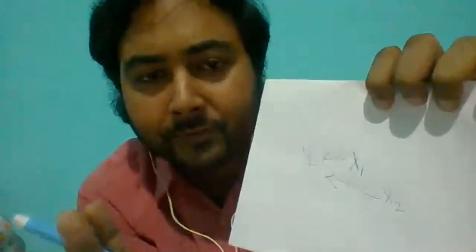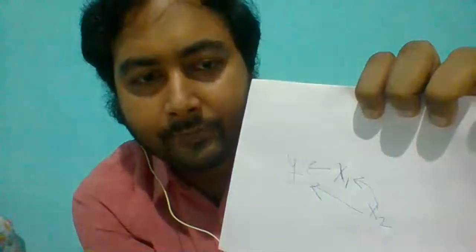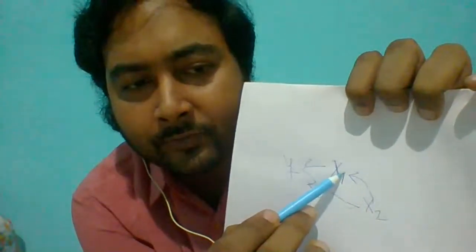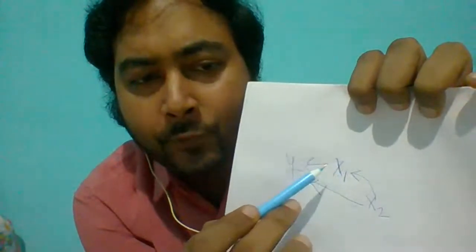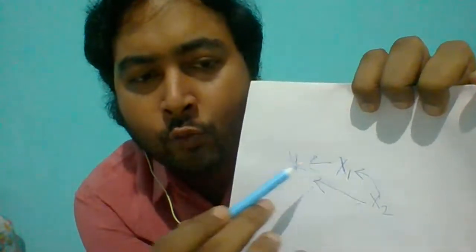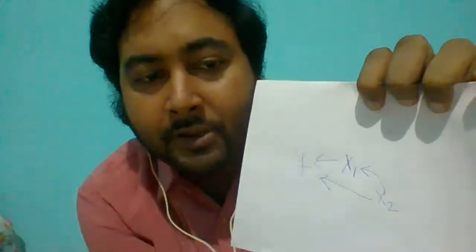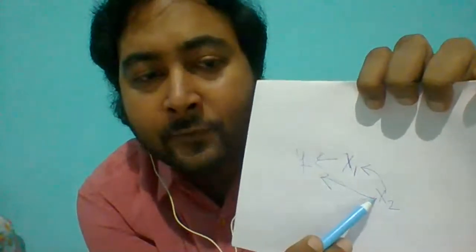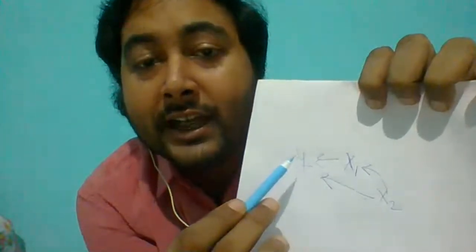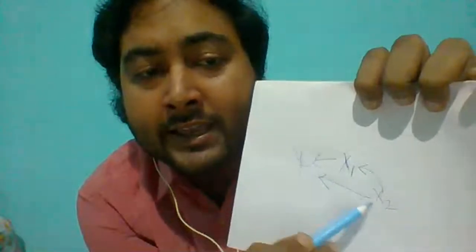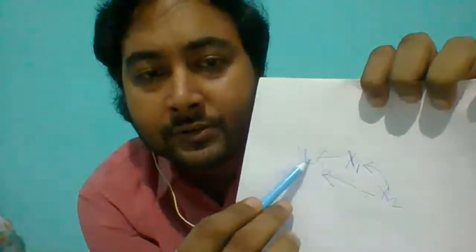But if x2 also influences x1, then the influence of x2 on y will be increased, because x2 is influencing y directly once and x2 is influencing y indirectly once.